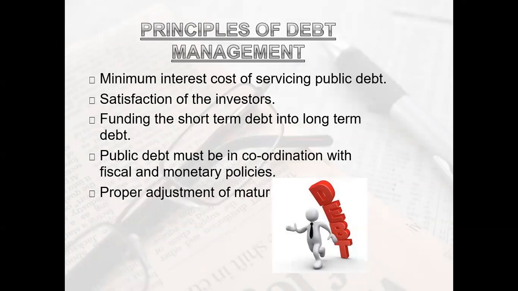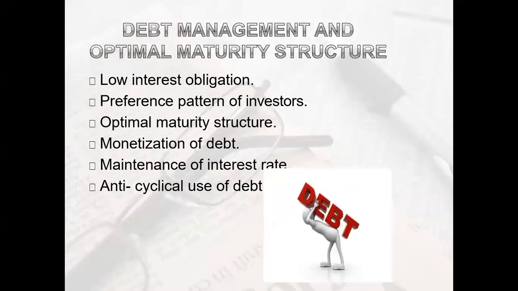Principles of public debt: minimum interest cost of serving public debt, satisfaction of the investors, funding the short-term debt in the long-term debt. Public debt must be in coordination with the fiscal and monetary policy, proper adjustment of maturity.